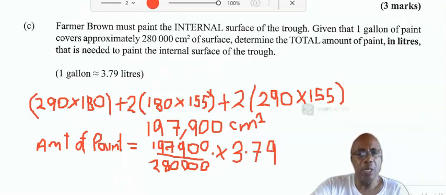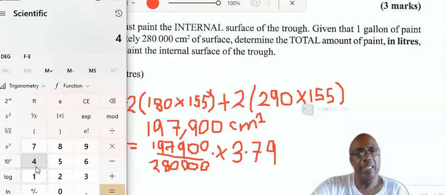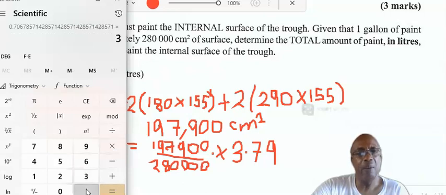And let's do the calculator work again. So it's 197,900 divided by 280,000 equals, and then multiply that by 3.79.